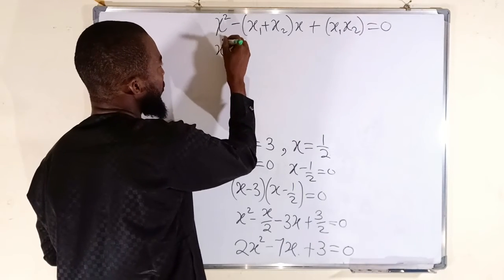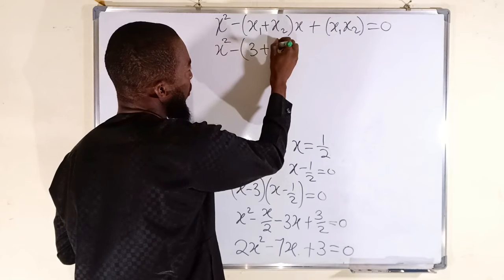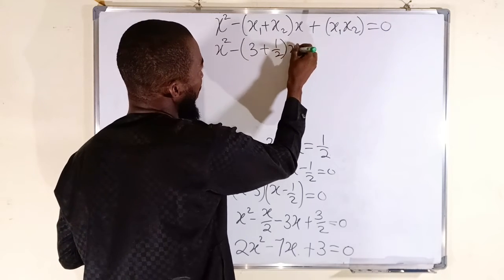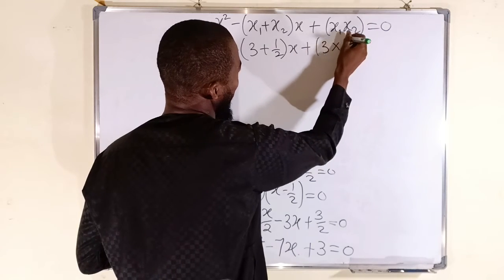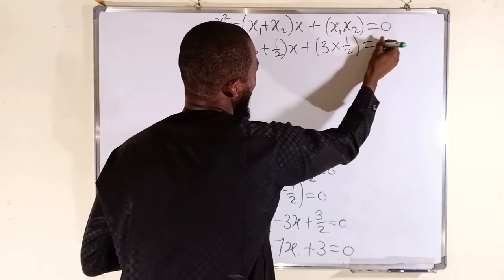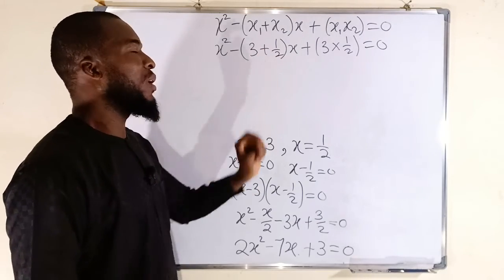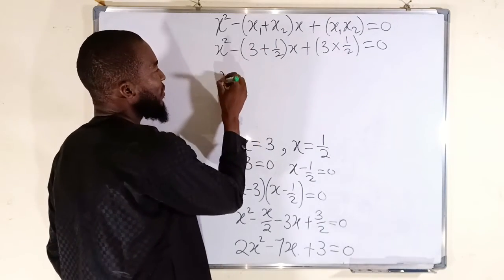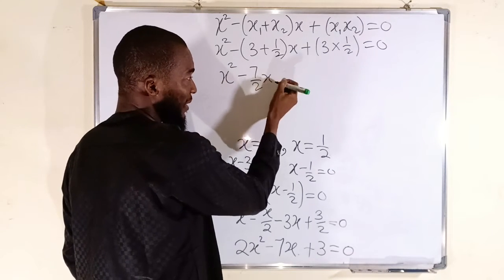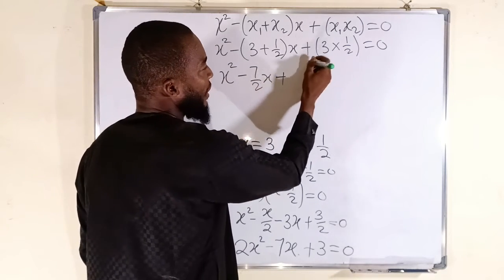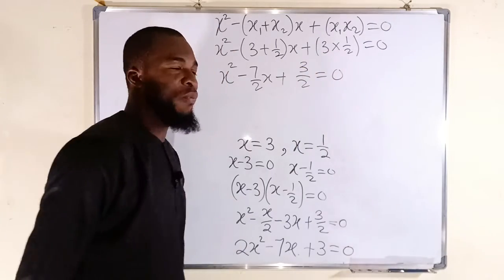So this is x squared minus 3 plus 1 over 2 multiplied by x, plus 3 multiplied by 1 over 2, and the whole of this equal to 0. 2 times 3 is 6 plus 1 is 7 divided by 2, right? So this is x squared minus 7 divided by 2 x, then plus 3 divided by 2, the whole of this equal to 0.